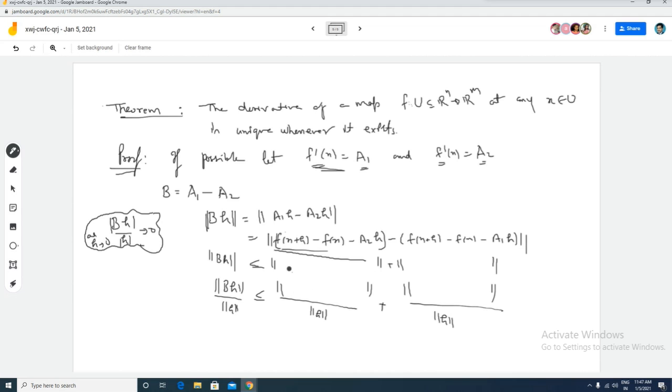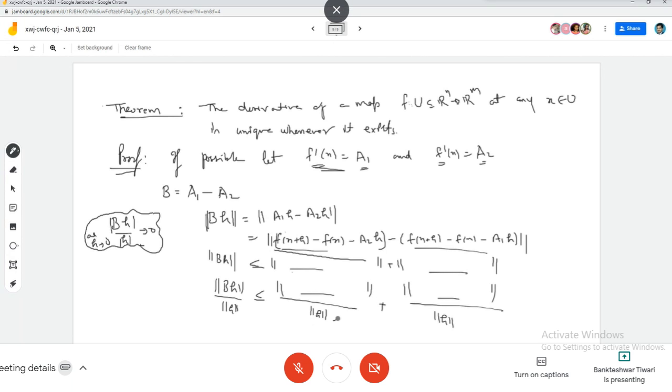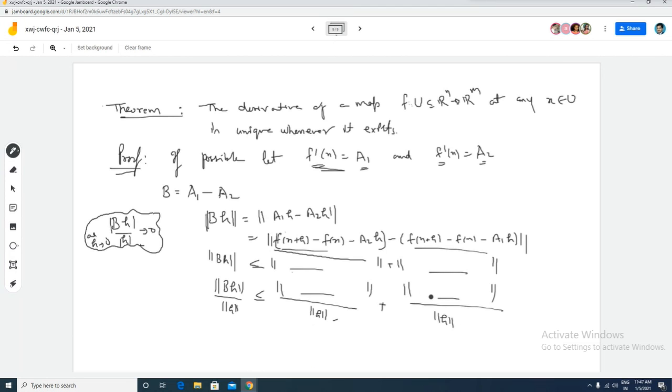You just repeat this term here and the same term here, and similarly this term here and the same term here. I'm just saving time. Because the function is differentiable, this term will be 0 and this term will be 0 as h tends to 0. So taking the limit h tending to 0, you have norm of Bh divided by norm of h equal to 0.